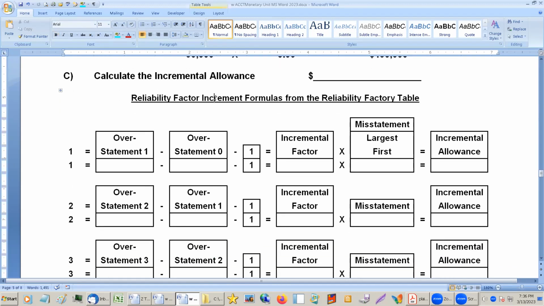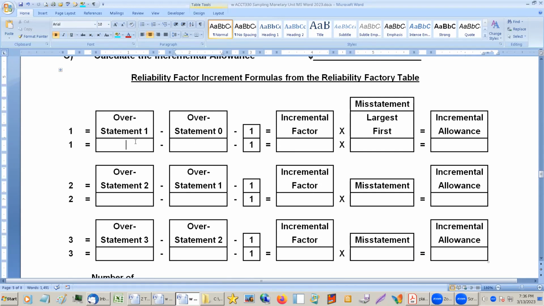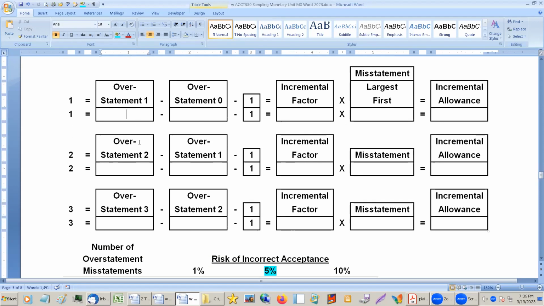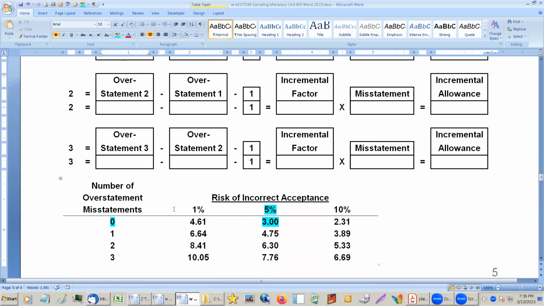So reliability factors, this is where it gets kind of wacky. I'll show you what it is. You can almost tell I don't like doing this.